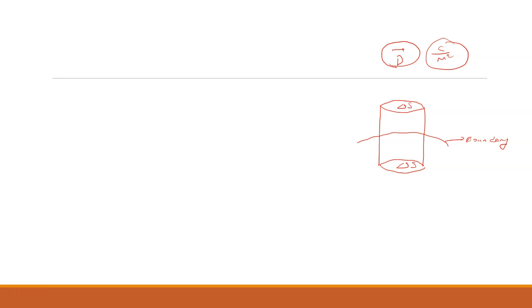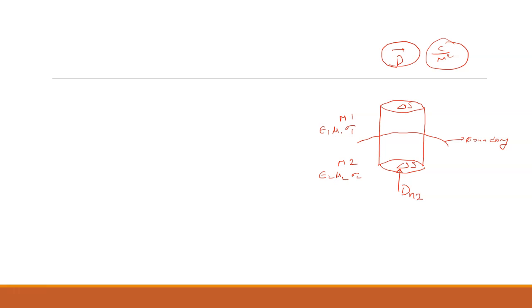Now this boundary has divided this cylinder into two portions, medium 1 and medium 2. Medium 2 has characteristics epsilon 2, mu 2, sigma 2, and medium 1 has characteristics epsilon 1, mu 1, sigma 1. Now suppose the electric lines of force are entering this surface normally; because it is the second portion, we write it as Dn2.